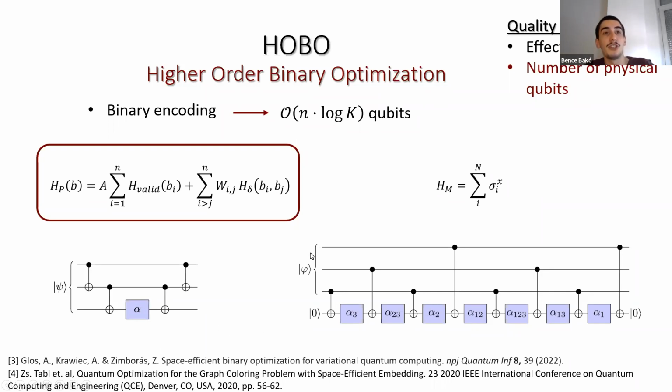But there is a more efficient way in this simplified circuit. We consider all 1, 2, 3-body terms in a 3 qubit scenario with only this many CNOTs. And in this case, we also use this simple X mixer for the mixer Hamiltonian.